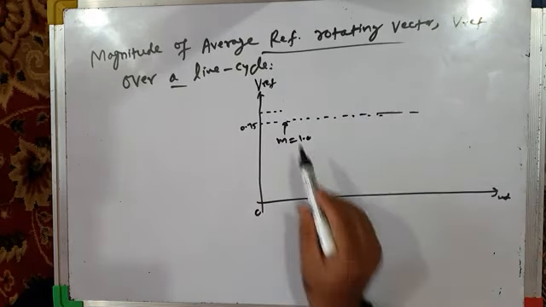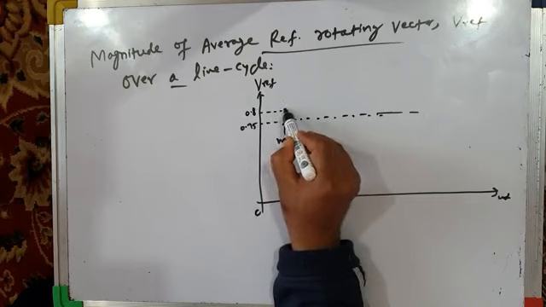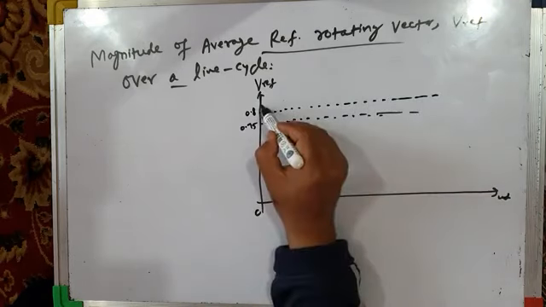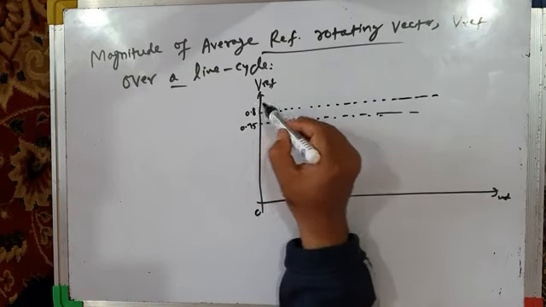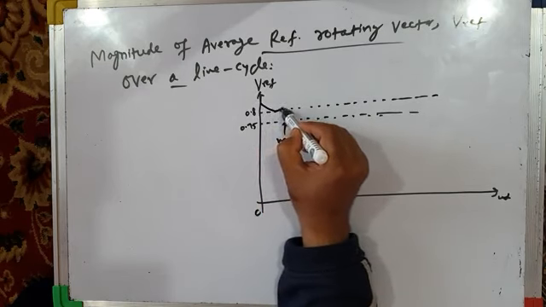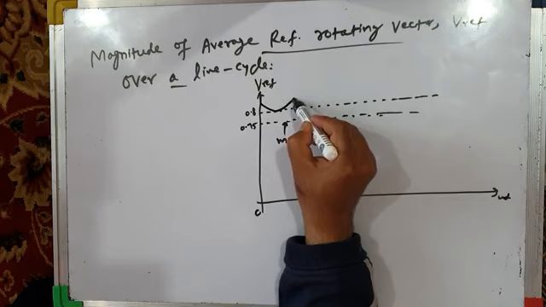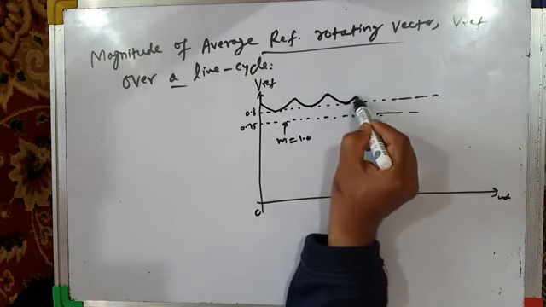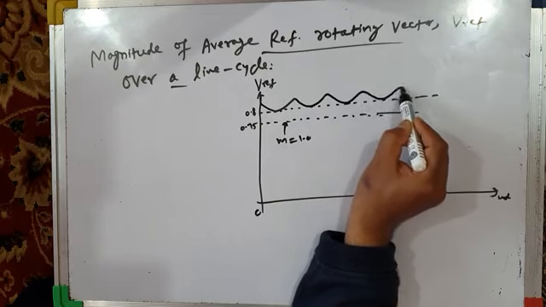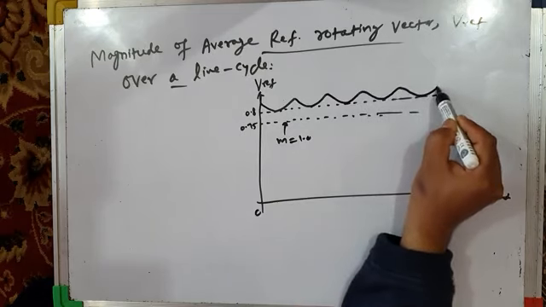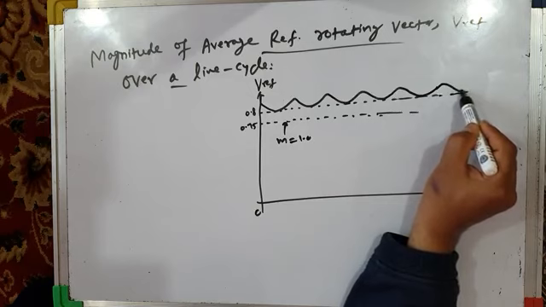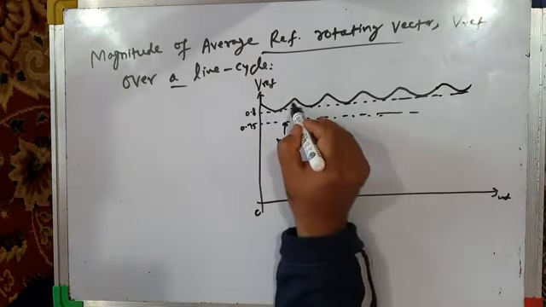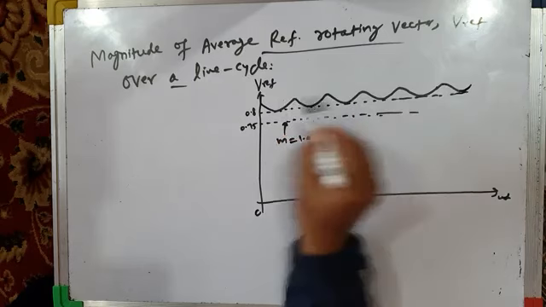but the reference vector is constant over the entire line cycle. And this line is 0.8 magnitude. And our rotating reference vector varies like this. Let me first of all draw, then I will explain. Okay, so this is sector 1, sector 2, 3, 4, 5, and this is sector 6.